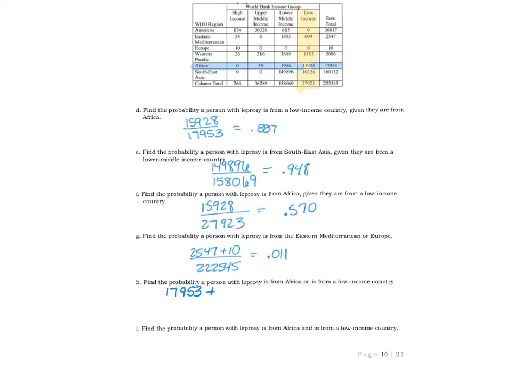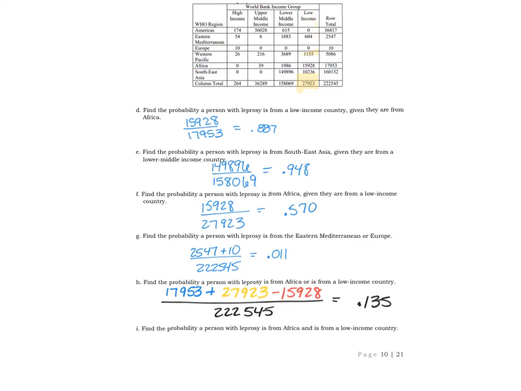We need to add in the 27,923 people from low-income countries, and then we need to look at those 15,928 and subtract them because they have been counted in both the row Africa and the column low income, out of everybody with leprosy. Adding and subtracting and then doing our division, we get a probability of 0.135.